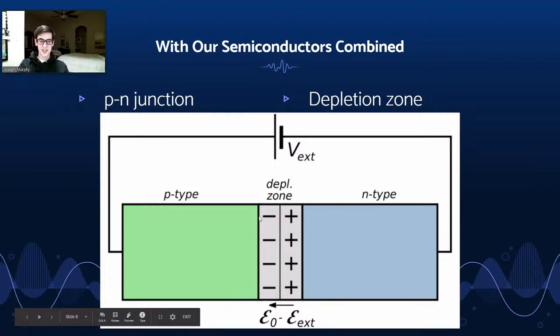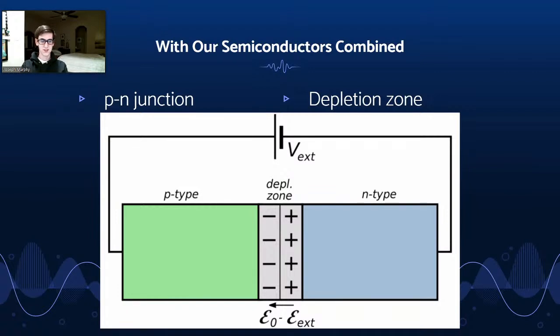because we have these static charges due to the ions, positive on the n-type semiconductor, negative on the p-type. And static charges, that makes an electric field. If we look at Coulomb's law, as electrons, which are negatively charged, approach the depletion zone from the n-type semiconductor, they're attracted to these cations on their own semiconductor, but as they continue to approach the depletion zone, they are repelled by the anions there, the negatively charged ions on the p-type semiconductor.